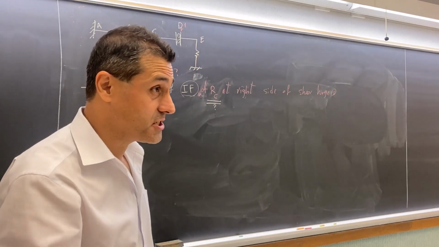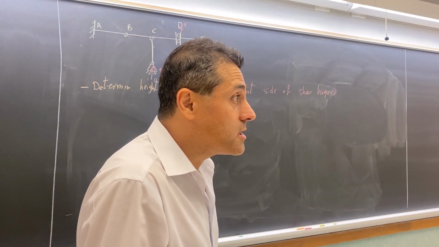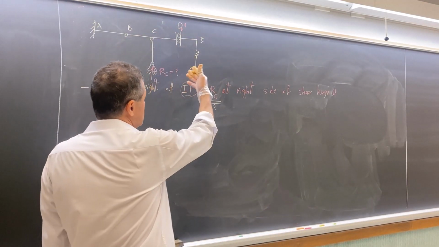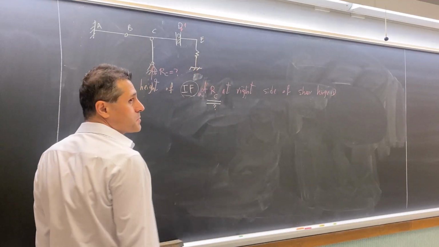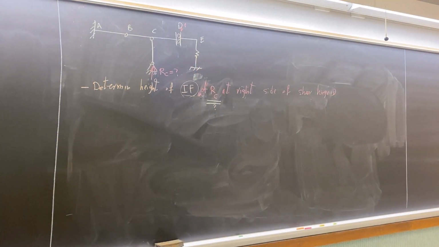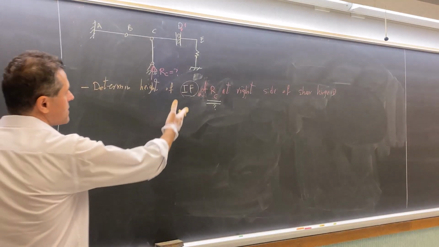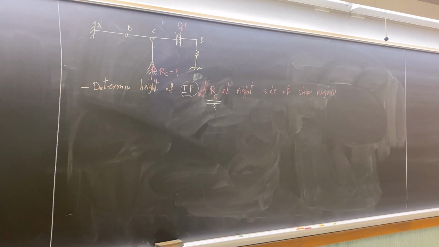Because as you said, the shear hinge doesn't carry the load. So we will have a reaction for the spring, and we will see if that will affect RC or not.